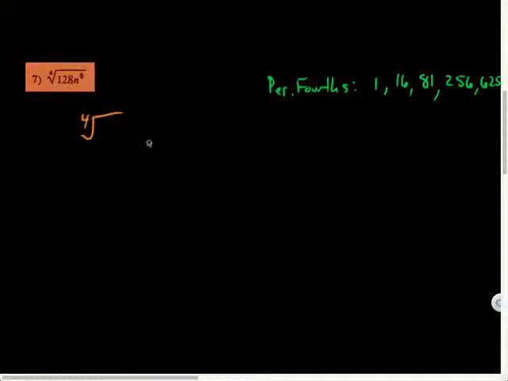So let's see. Do any of these go into 128? 1 does, but that's not helpful. 16 does? Yeah, well, 128 is a power of 2, and 16 is a power of 2, so that sounds good. How many times does 16 go into it?